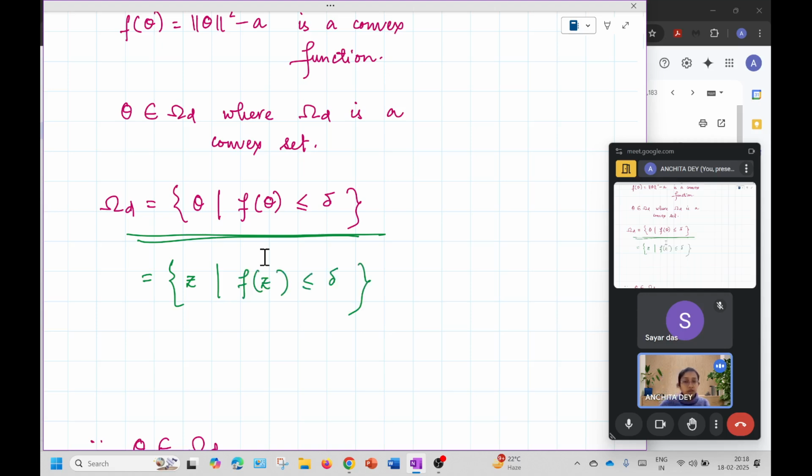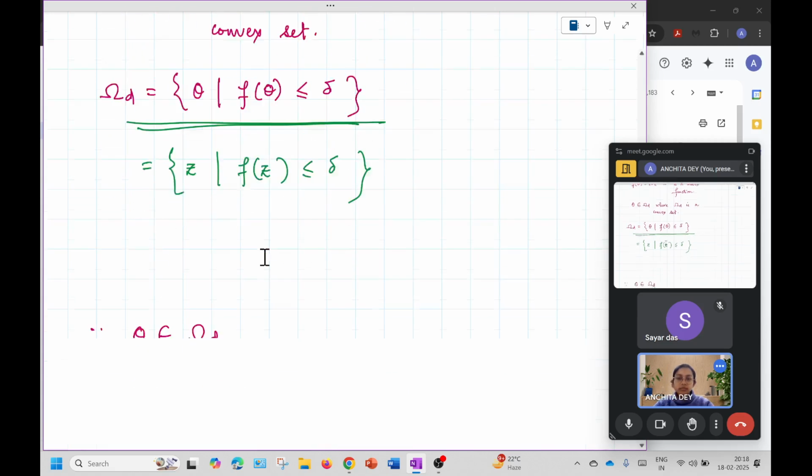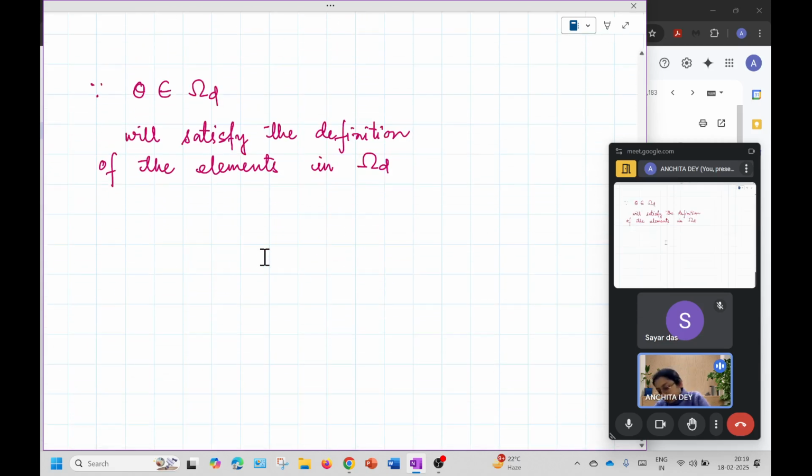If it was given that omega d is a set with all elements z where z satisfies that f of z is less than or equal to delta, think of it in that way, and it becomes clear. Since theta, which is your actual parameter of concern, belongs to omega d, theta will also satisfy the definition of the elements in omega d.